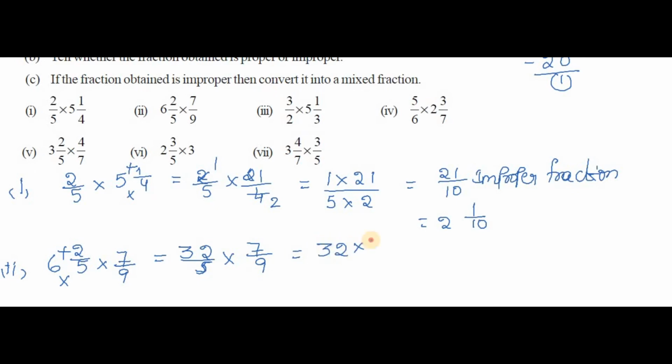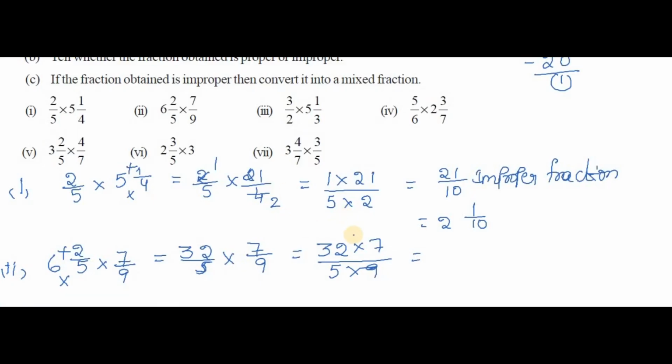So simply multiply numerators and denominators. 32 into 7 by 5 into 9. 32 7s are 224 by 5 9s are 45. So again it is an improper fraction because my numerator is big when compared to denominator.